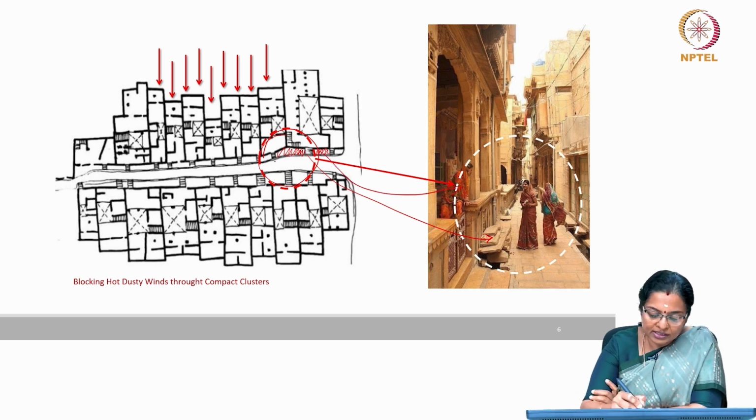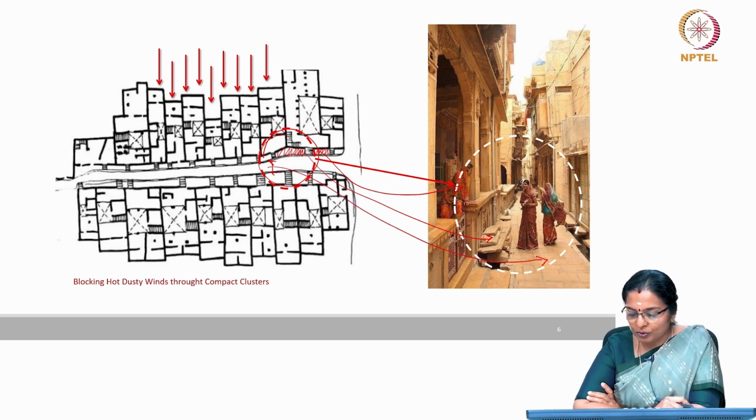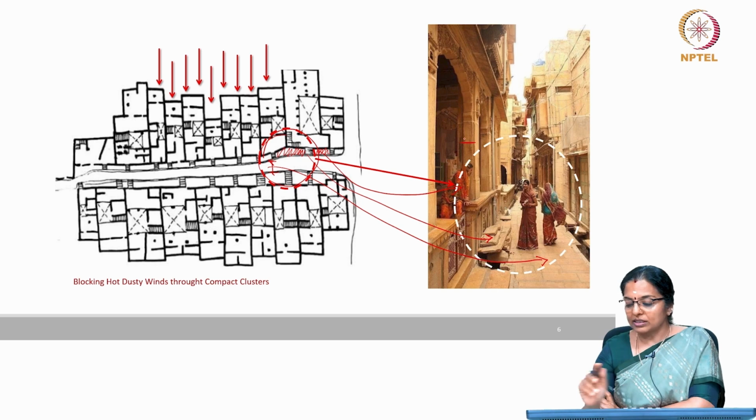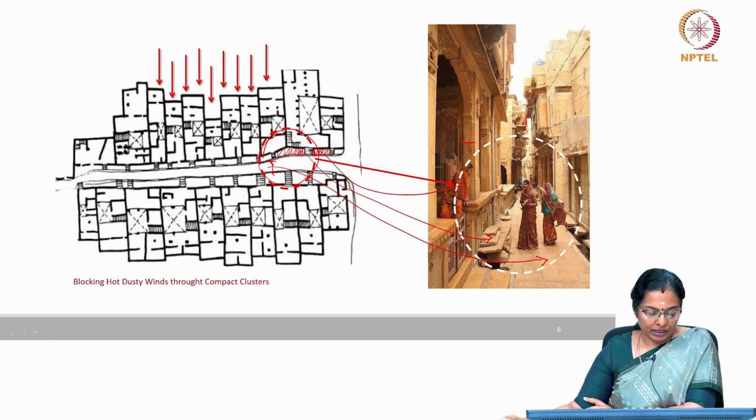And because the streets are very cool due to mutual shading, a lot of activity can happen onto the street too. Here, for perspective, though that is not part of this lecture series, you can see the sandstone and the thick walls of the sandstone.